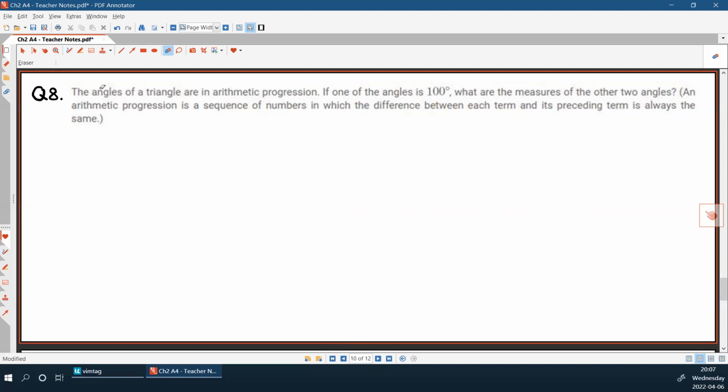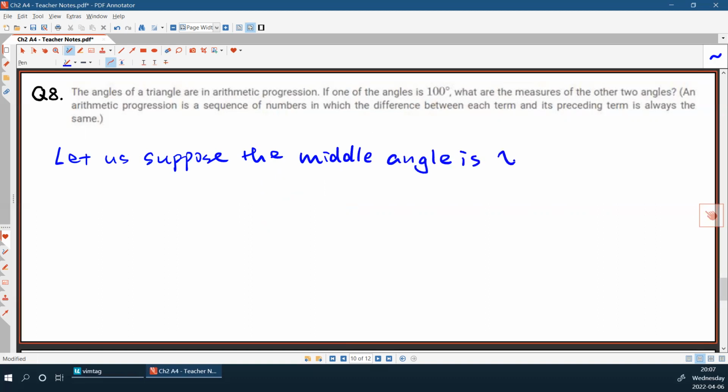So let us suppose the middle angle is x degrees, measure x, right?